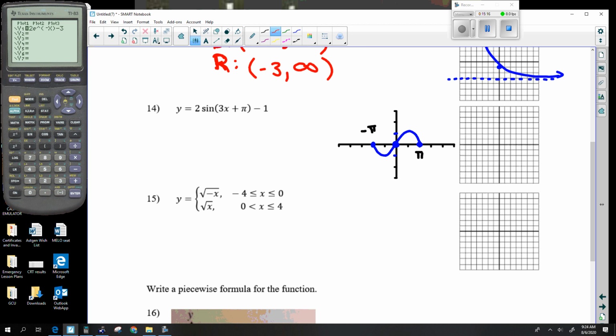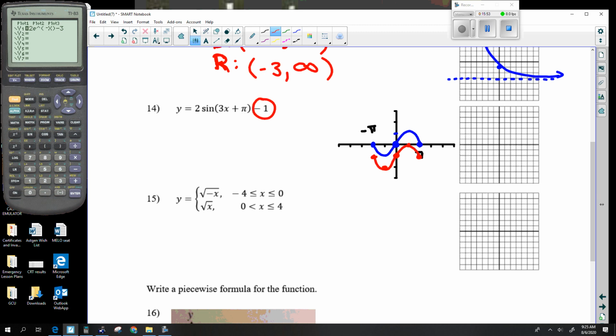Okay, let's start manipulating this thing. Let's take care of all the movements. What I see is that this will move it down 1. So that will move the whole picture down 1. There you go.